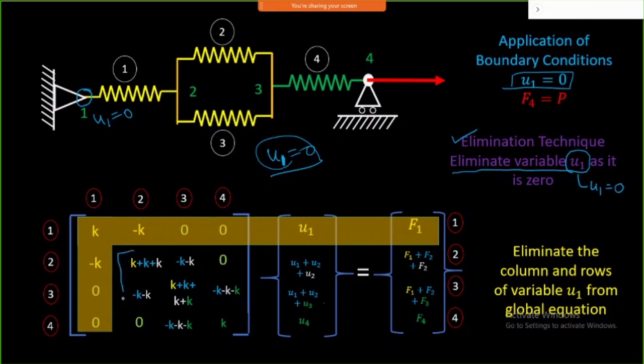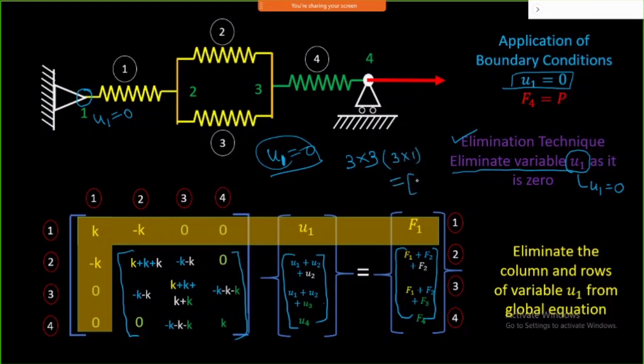This is my one matrix, and this is my vector. So I got a 3 by 3 matrix here, that is 3 rows and 1 column, which is equal to, again, 3 rows and 1 column.